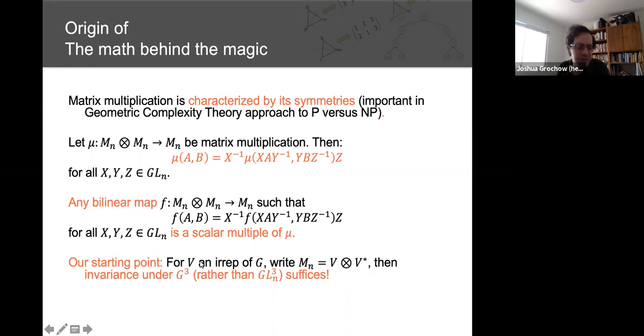And because V is an irreducible representation, you get this same characterization by symmetries, even if instead of GL_n, I just say I can put a Y Y inverse and an X X inverse and a Z Z inverse where X, Y, and Z come from G. And so now you could imagine, I'm looking for finite groups and I want some algorithm for matrix multiplication that's invariant under a finite group, and that will guarantee for me that in fact it is matrix multiplication. So this was the motivation and how we came to this.